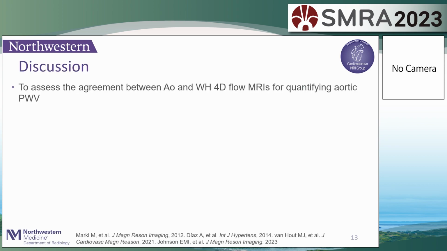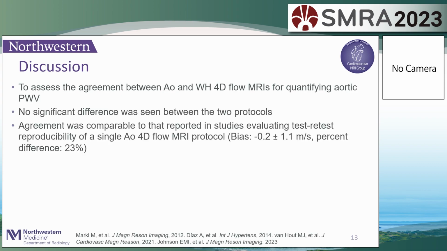So in conclusion, in this study where we assessed the agreement between aortic and whole heart 4D flow MRIs for quantifying aortic pulse velocity, we did not see a significant difference between the 2. This agreement was comparable to previous reports that evaluated retest reproducibility of a single aortic 4D flow MRI protocol.